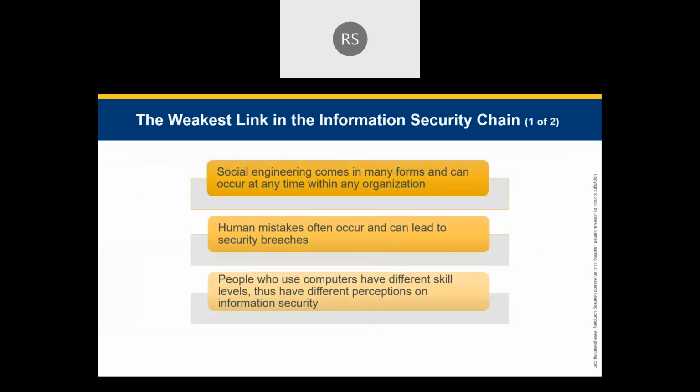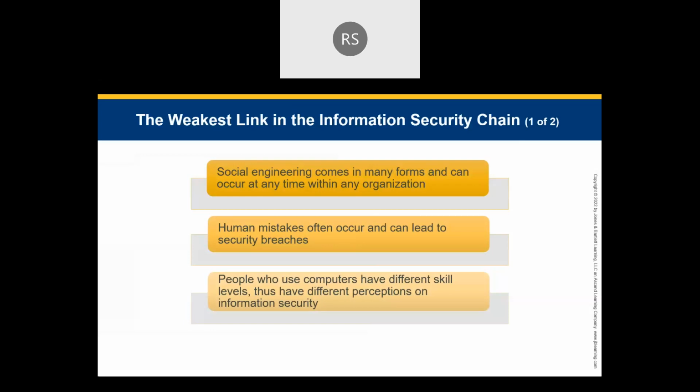It can be a phishing email, phone scams, impersonations, and it can occur at any time within any organization. Human mistakes are a common occurrence, and they can inadvertently lead to security breaches.